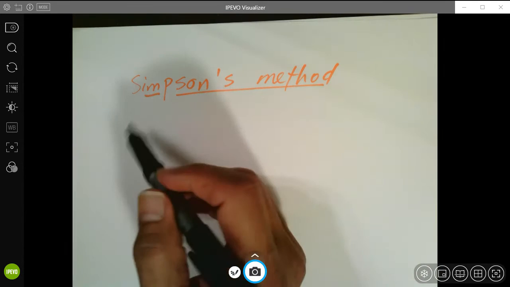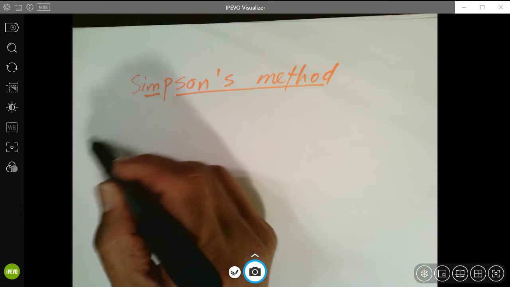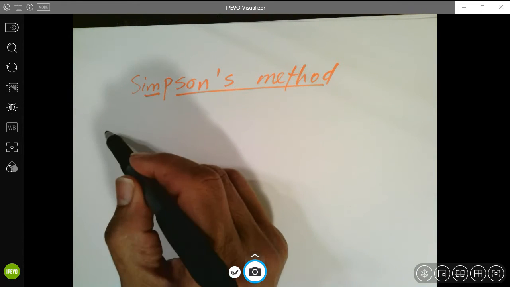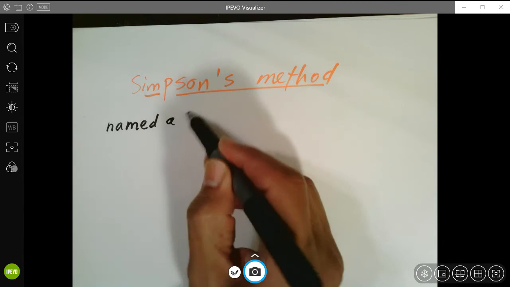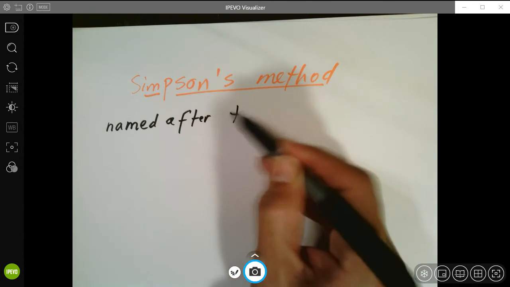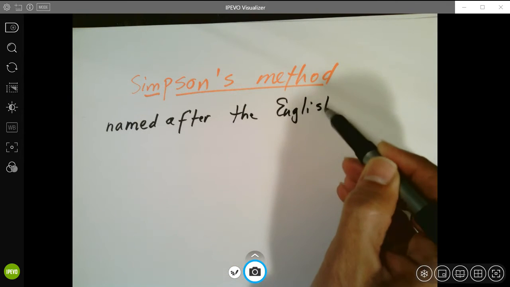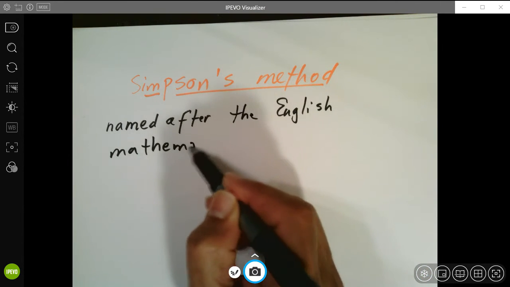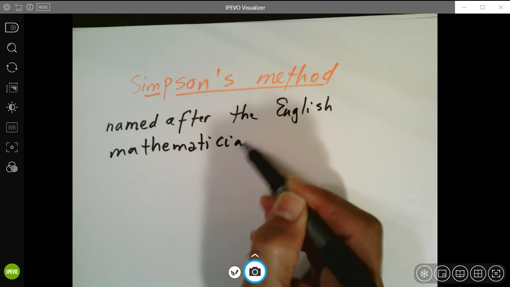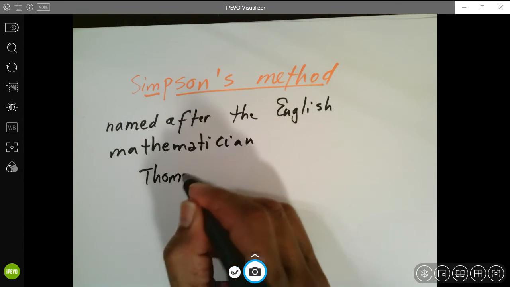It is named after the English mathematician Thomas Simpson.